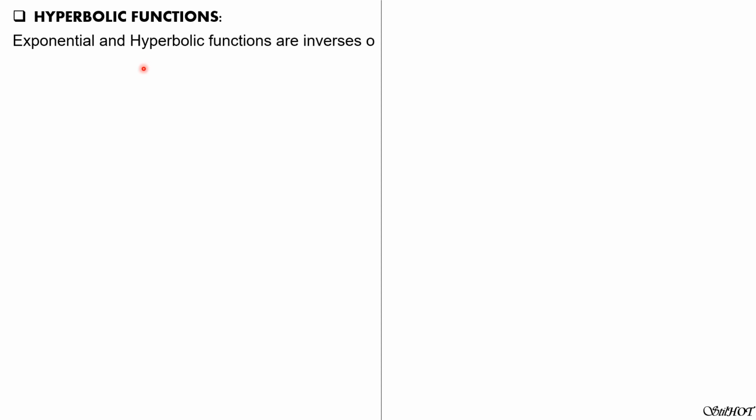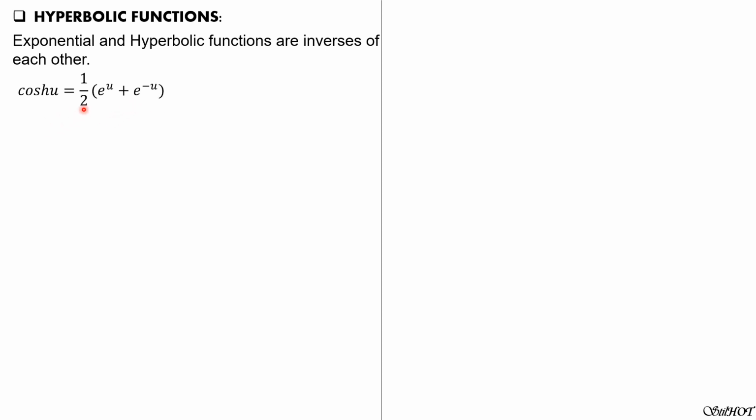So next, let's have derivatives of hyperbolic functions. We note that exponential and hyperbolic functions are related to each other. So we recall that the definition of cosine hyperbolic of u is 1/2 quantity e to the u plus e to the negative u.